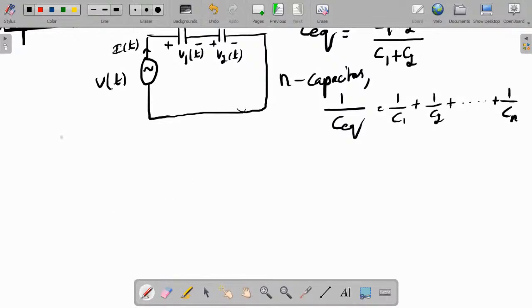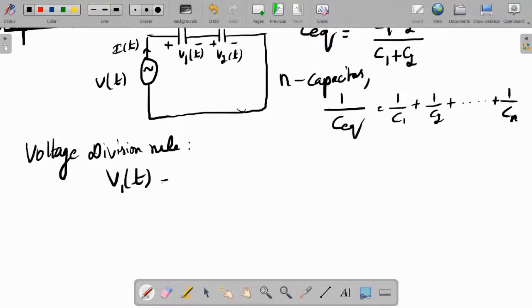Then coming to the voltage division rule for capacitors. What is the voltage drop V1 of t across the capacitor C1? It is nothing but the total voltage into the opposite capacitor C2 divided by C1 plus C2, the total capacitance.